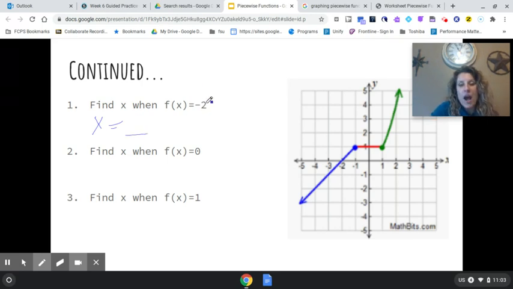So we know the y value in this case is -2. To get to a y value of -2, I'm going to move down 2 units, 1, 2, and again, see where the graph intersects and figure out what that x value is. So I'm in here on the blue function. When y is -2, the x value is -4.